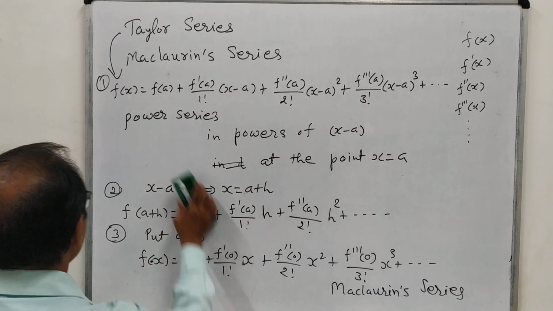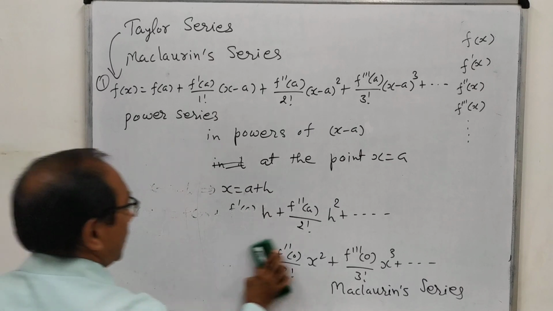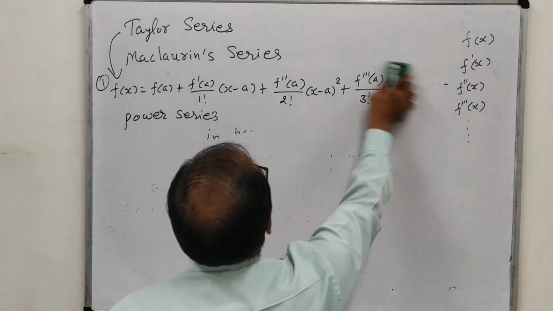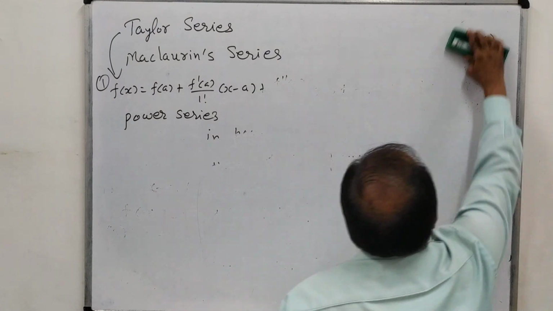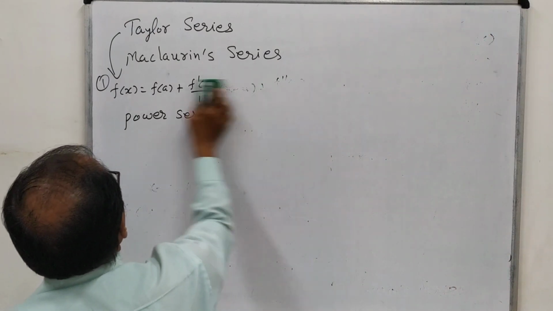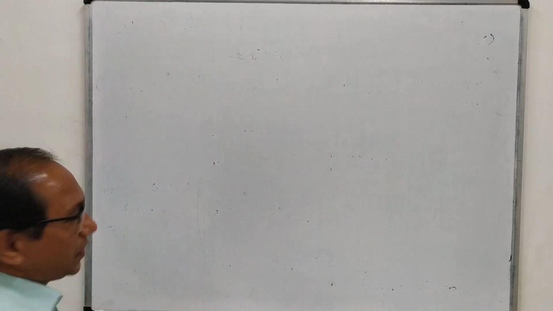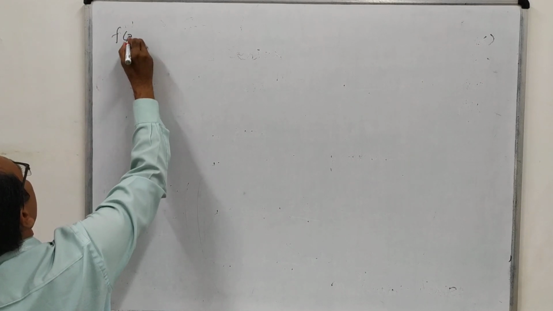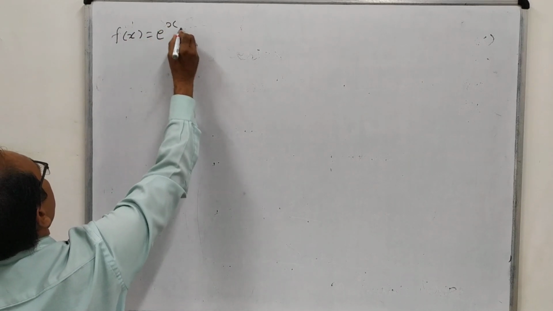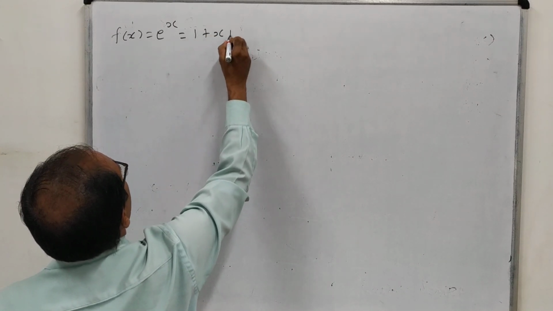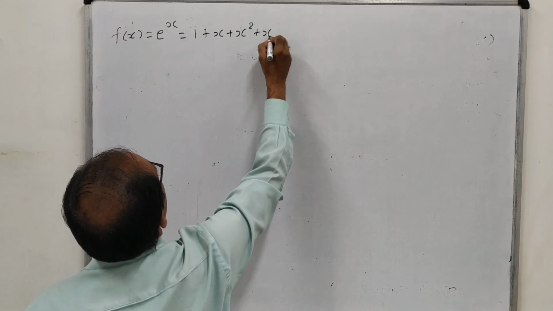Now let us see the standard forms which have been obtained by using Maclaurin series. We have seen that if we are given f of x equal to e raised to x, then its Maclaurin series is 1 plus x plus x square by 2 factorial plus x cube by 3 factorial plus dot dot dot.